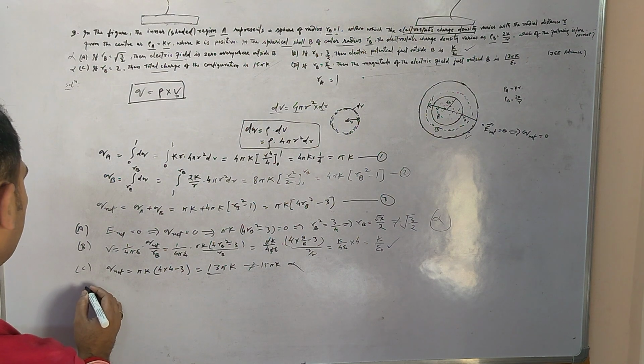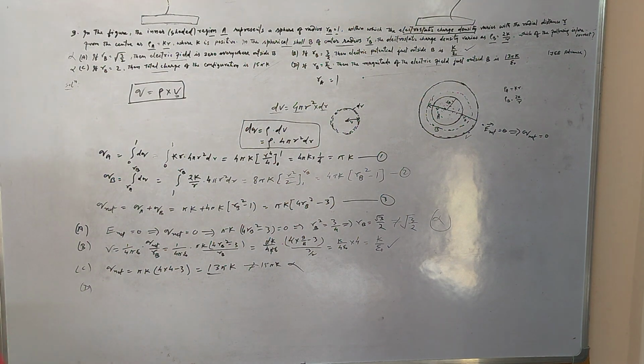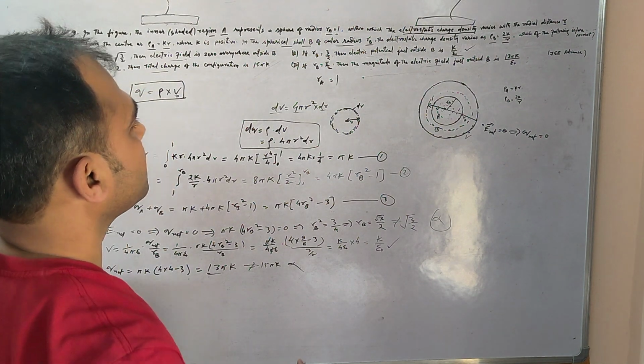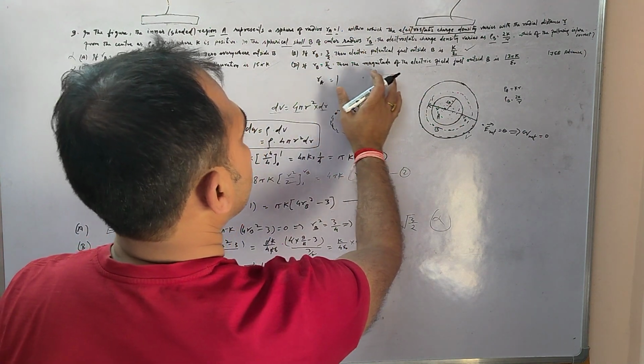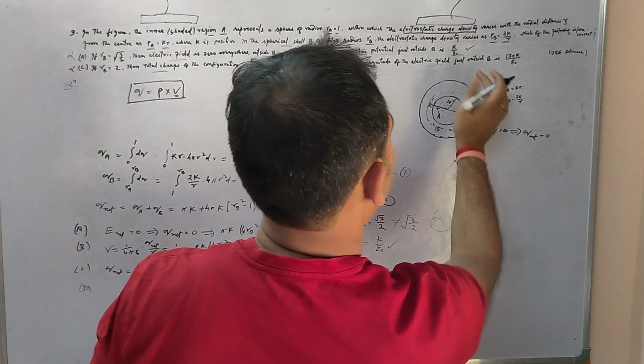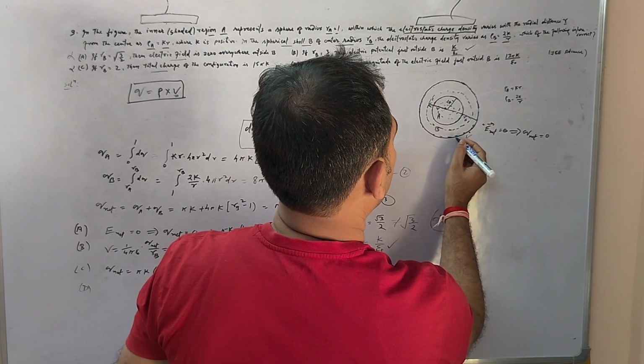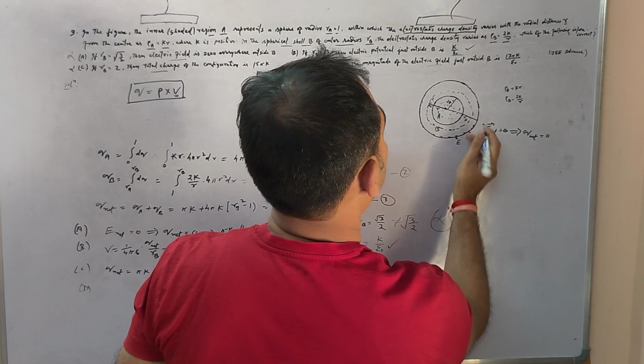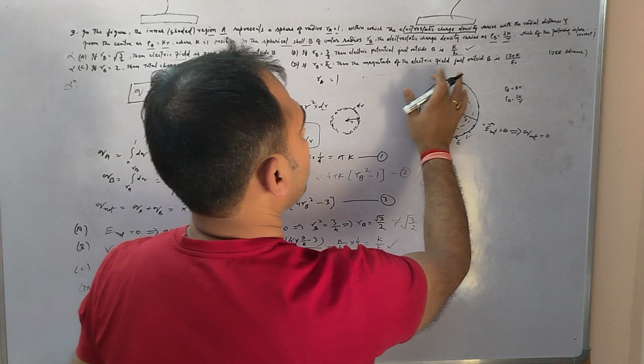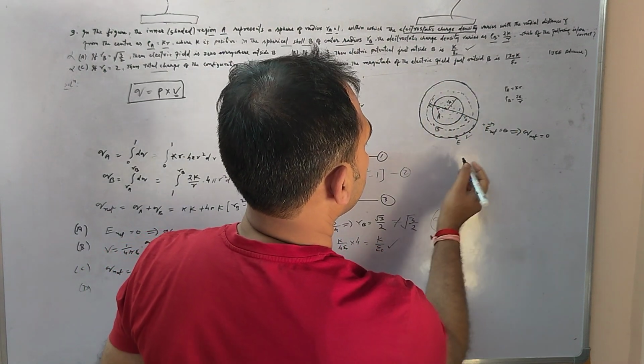Now statement D, what does it say? If RB is this, then the magnitude of the electric field just outside is this.